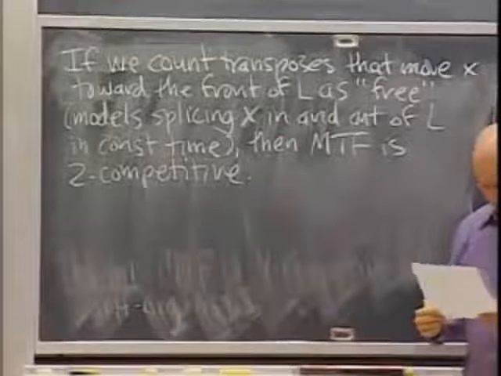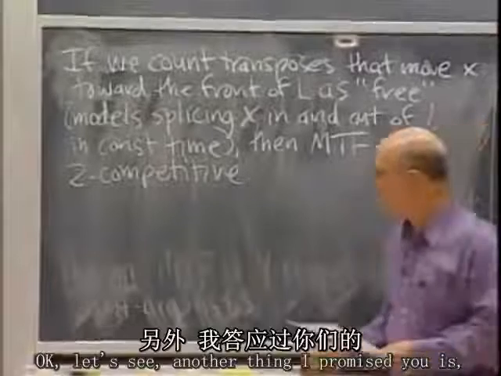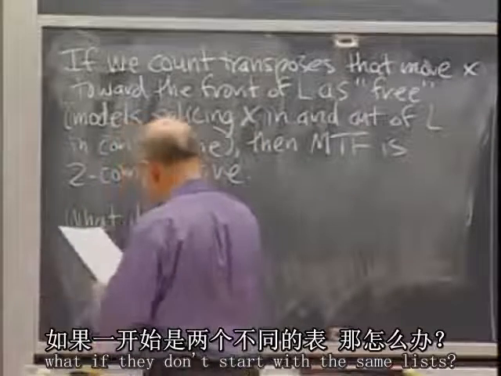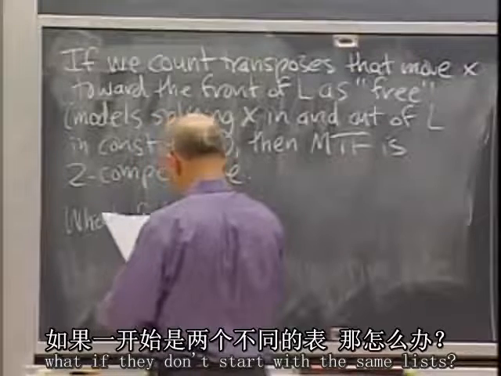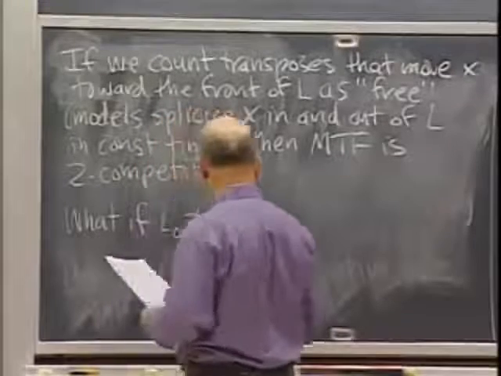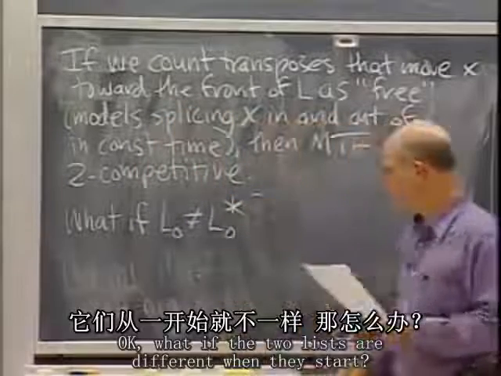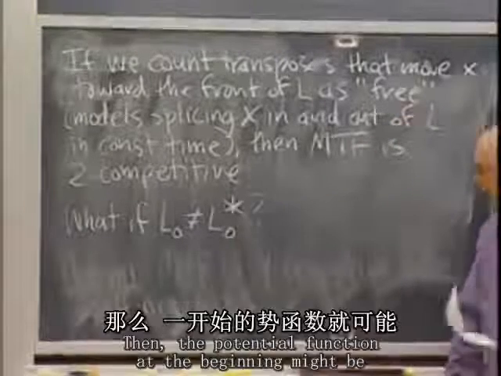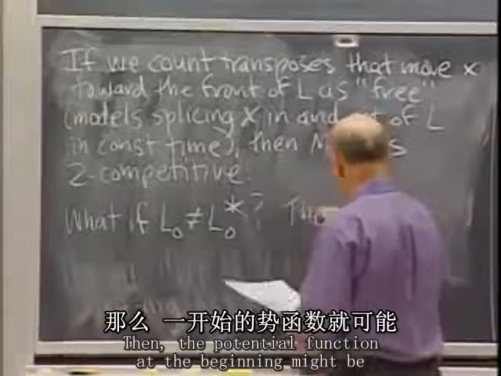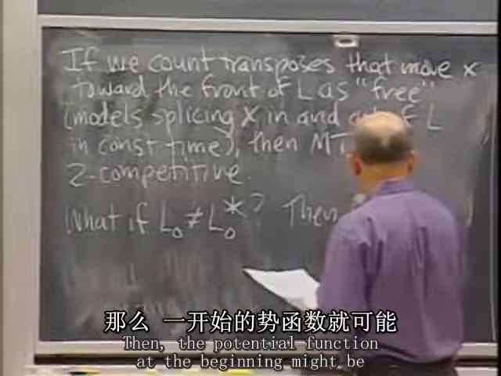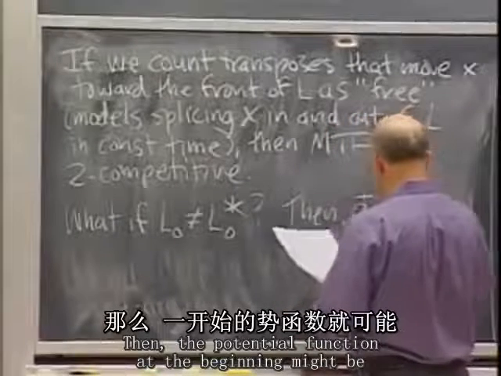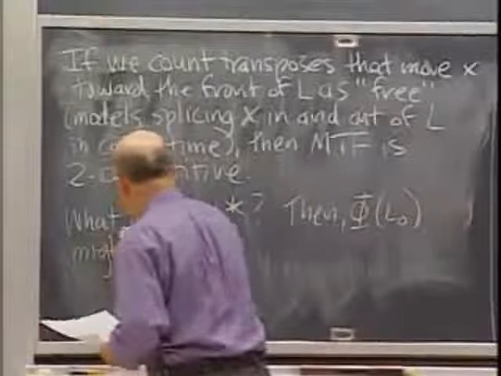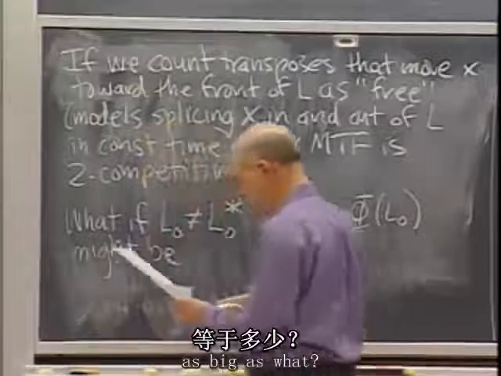Let's see. Another thing I promised you is to look at the case where they don't start with the same list. What if the two lists are different when they start? Then the potential function at the beginning might be as big as what?